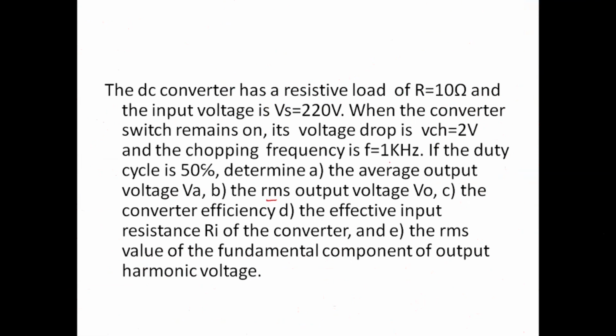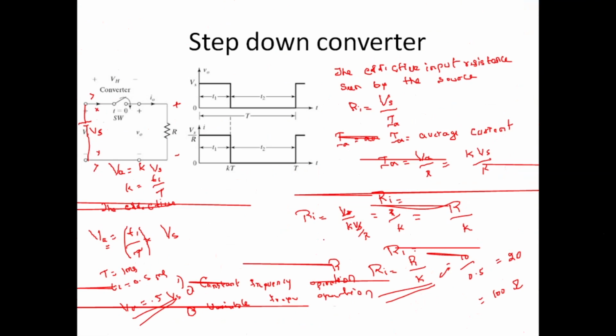And what is the last part? Last but one, it seems. The effective input resistance Ri of the converter. What is the formula for that? What is the formula for effective input resistance? Ri is R by K. This is the formula, correct?